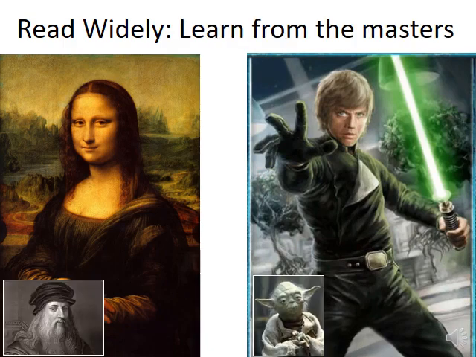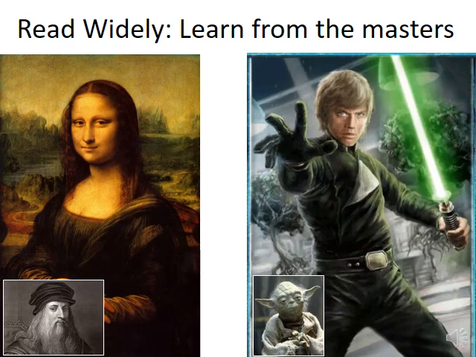Well, both the Mona Lisa and Luke Skywalker were produced by 2 masters. Leonardo da Vinci was a master painter. Yoda was a master Jedi. And in order for Luke Skywalker to become an expert Jedi, he needed to be an apprentice, magang.